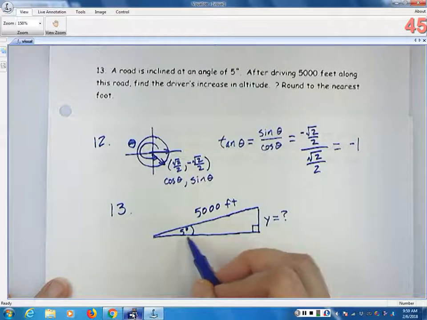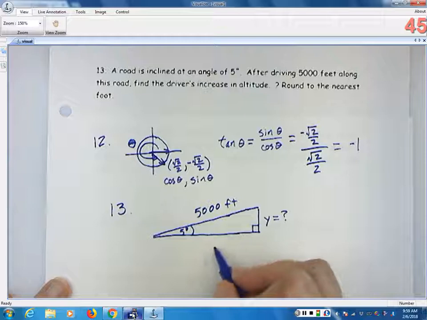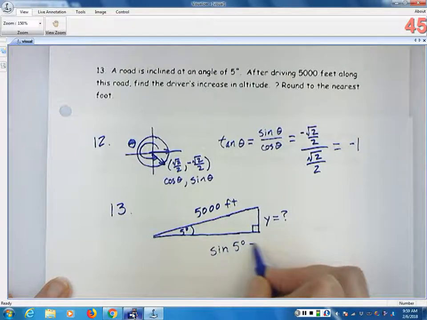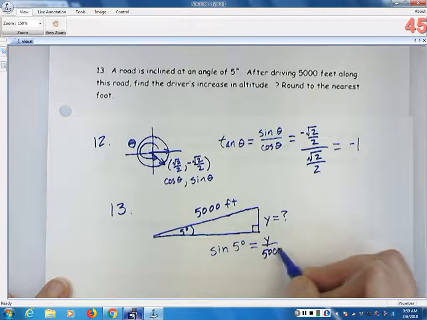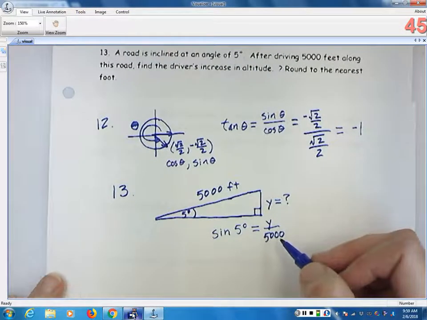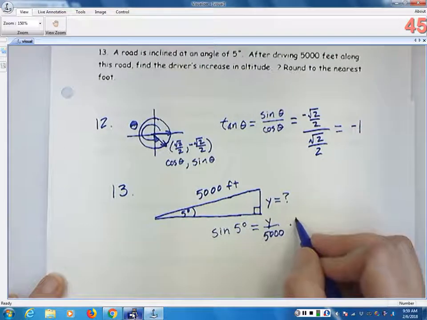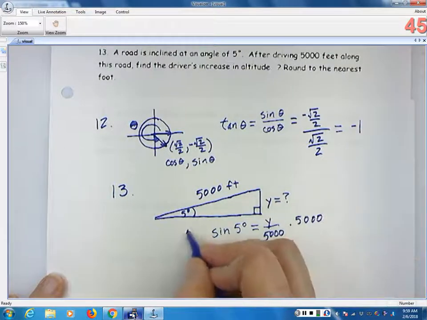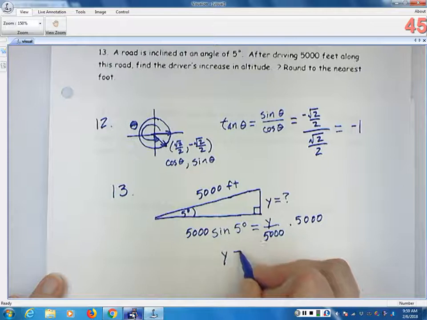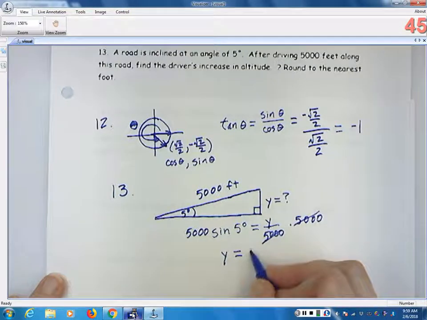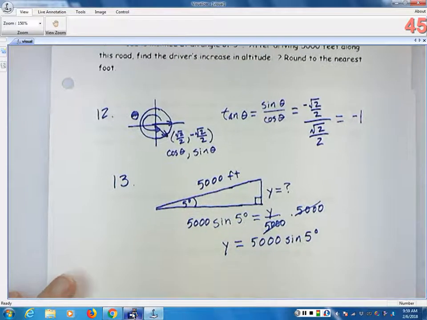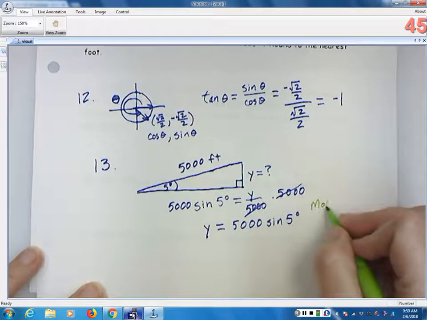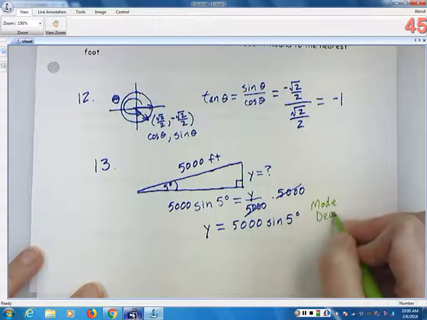So, sine of 5 degrees is opposite over hypotenuse. And we're going to use our calculator, solve for y, multiply by 5,000. Sine 5 degrees. Again, you've got to put your mode in degrees. Our mode's not in degrees. It's in radians from the last problem.